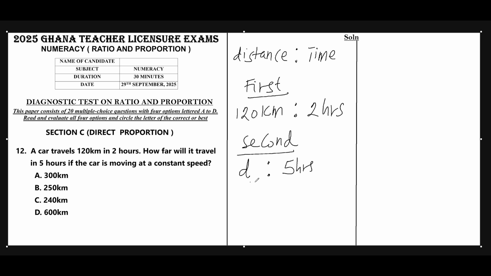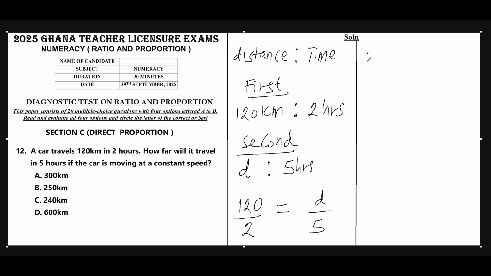So because we are looking for the distance, we have to solve for D. Remember, we said that ratio can also be represented as a common fraction. So 120 kilometers is to 2 hours can be written as 120 out of 2. And then D is to 5 hours can also be written as D on 5. Because these two quantities are directly related, then it means that the first ratio must be equal to the second ratio.